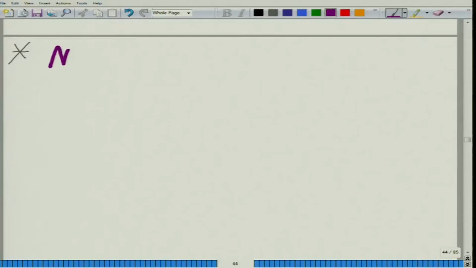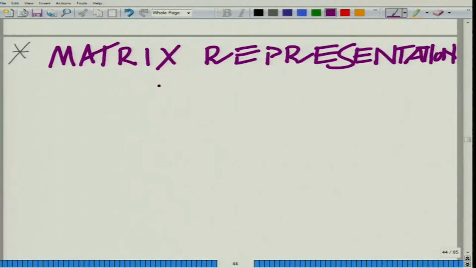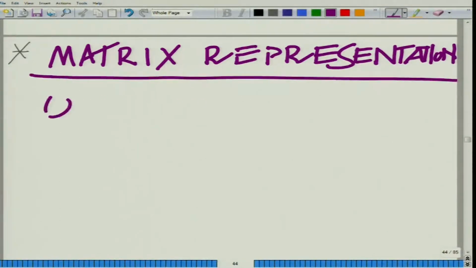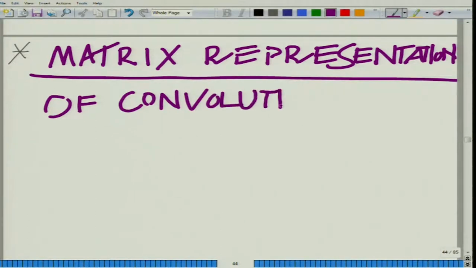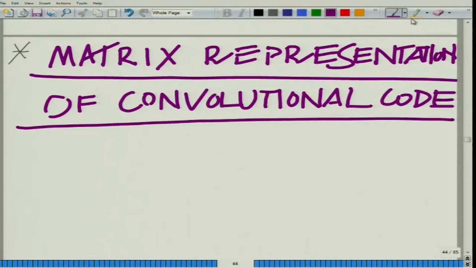Okay. So, what we want to look at is the matrix representation of a convolutional code, and what we want to do is form the generator matrix.